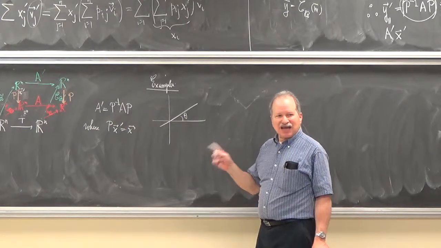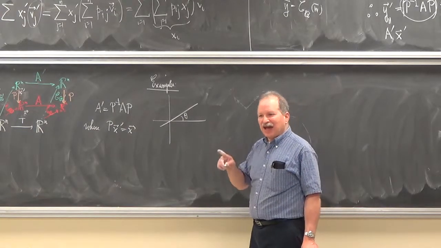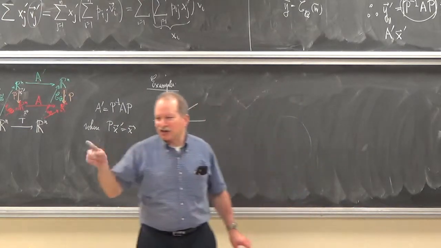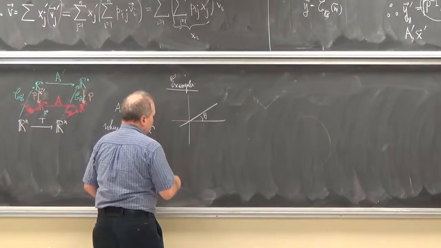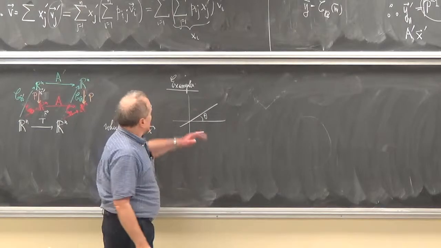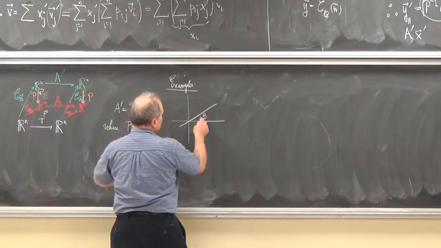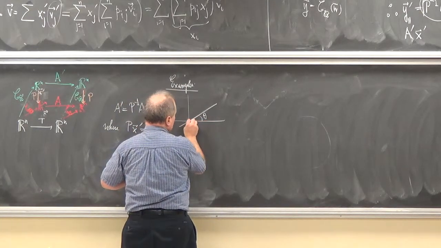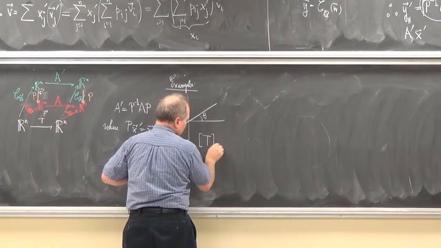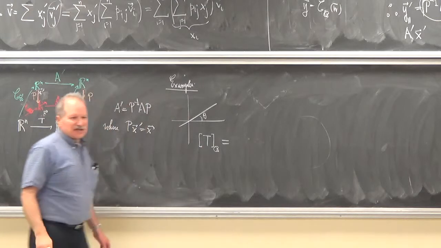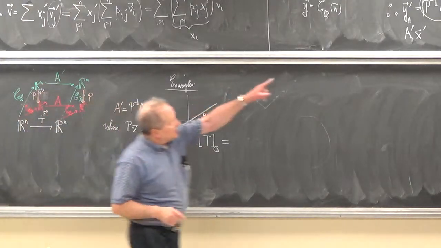You chased through where the standard basis vectors went? And then I asked you to check that some matrix product formula held. And the matrix product formula was saying the following. To figure out the matrix for the standard basis, let's take that formula.